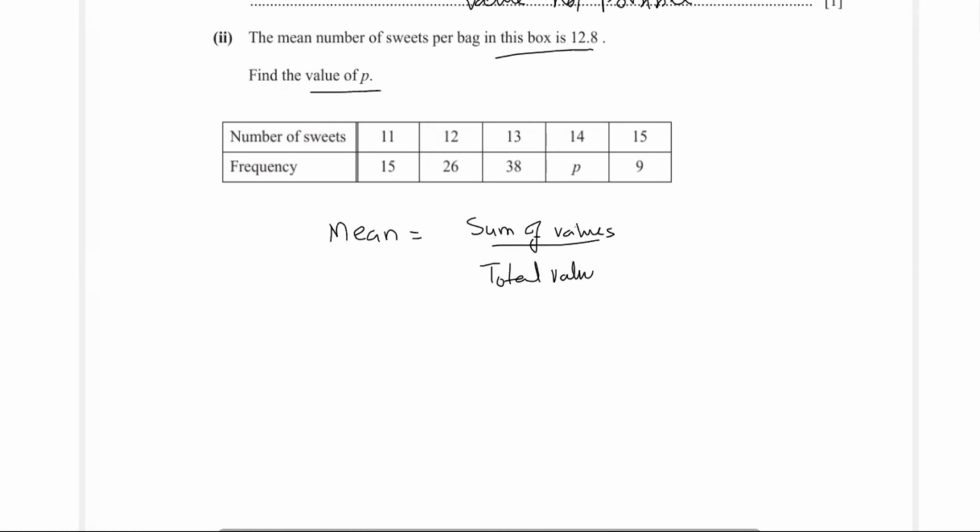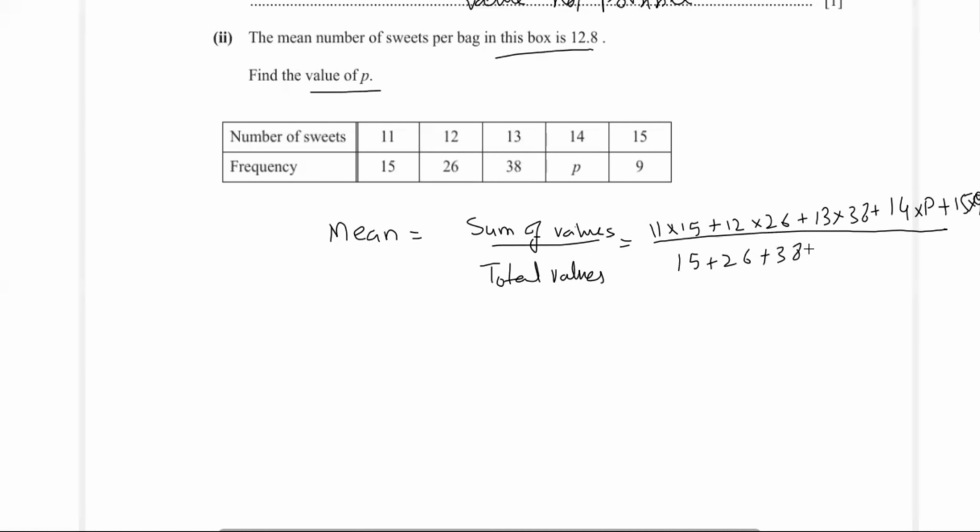The sum of values will be equal to 11 multiplied by 15 plus 12 multiplied by 26 plus 13 multiplied by 38 plus 14 multiplied by P plus 15 multiplied by 9. Our total number of values will be equal to 15 plus 26 plus 38 plus P plus 9.